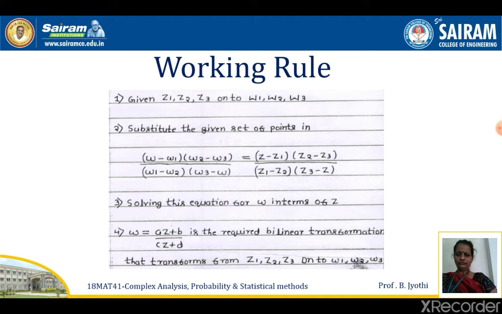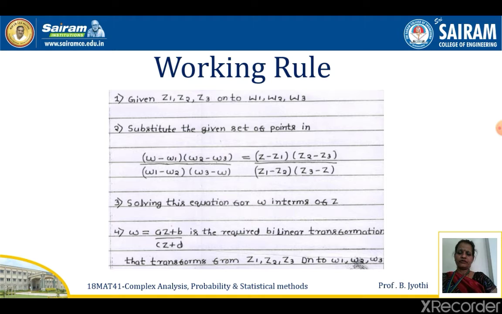Now, we need to solve the equation for W in terms of Z. Fourth step is W is equal to (AZ plus B) divided by (CZ plus D), the required bilinear transformation that transforms Z1, Z2, Z3 onto W1, W2 and W3.